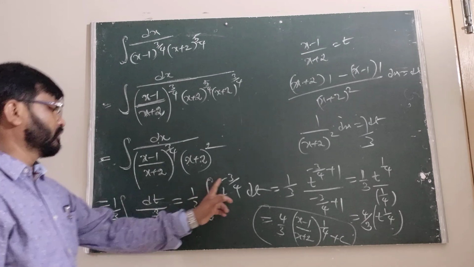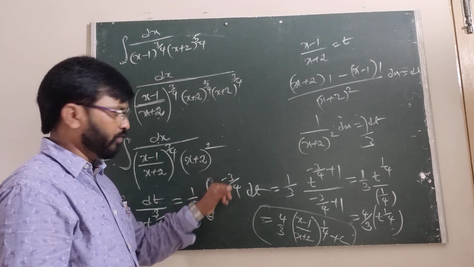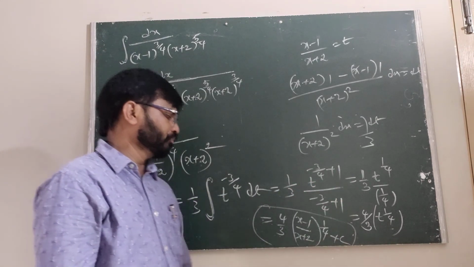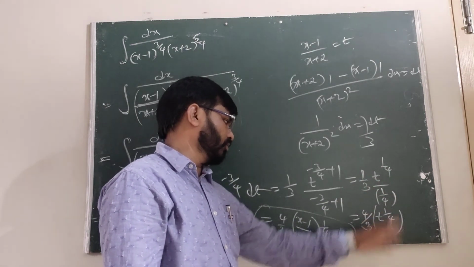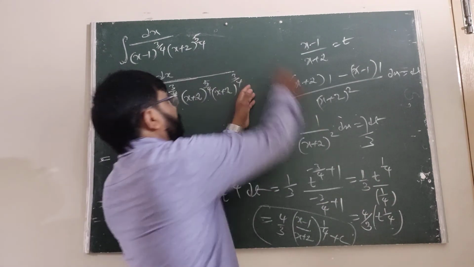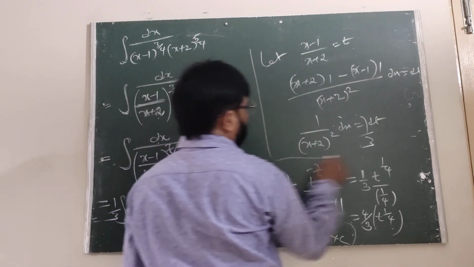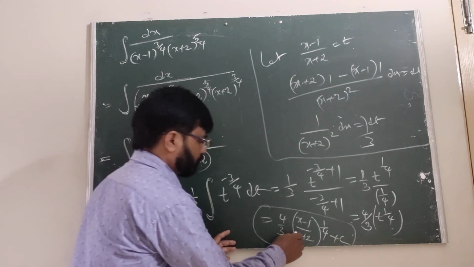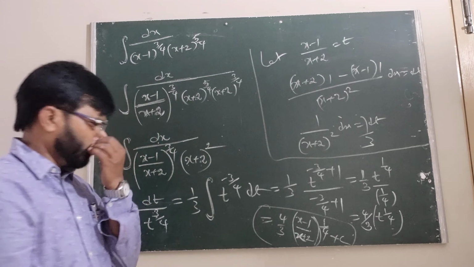Plus, 3 by 4 is sent to the numerator as minus 3 by 4. Therefore, the integral of x power n is x power n plus 1 by n plus 1, so t power 1 by 4 by 1 by 4. This is 4 by 3 t power 1 by 4, where t is x minus 1 upon x plus 2. So the answer is 4 by 3 (x minus 1 upon x plus 2) whole power 1 by 4 plus c.